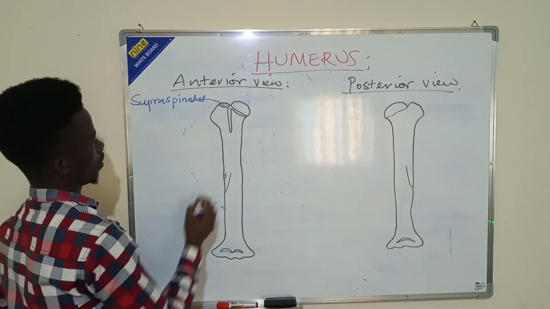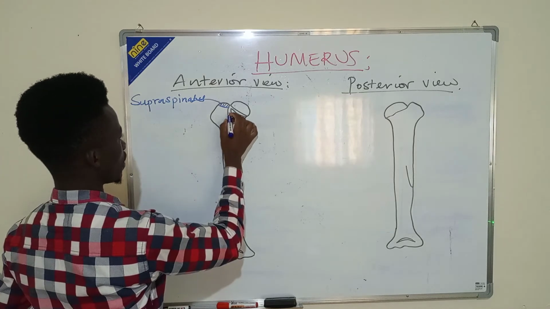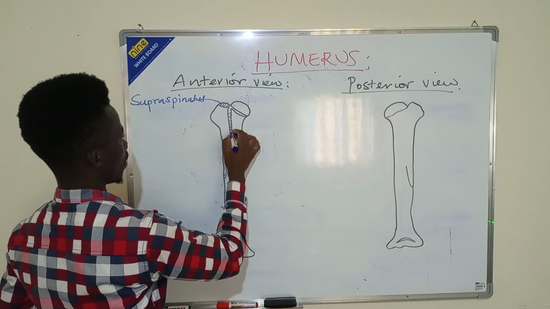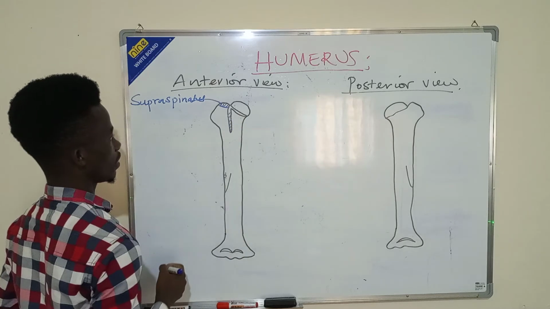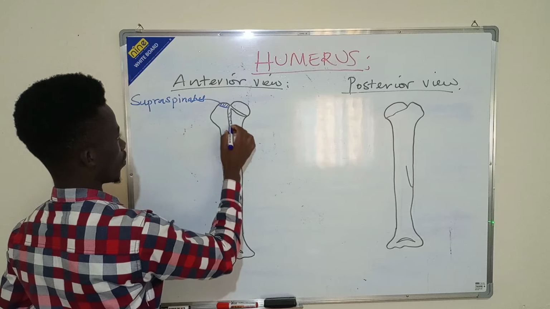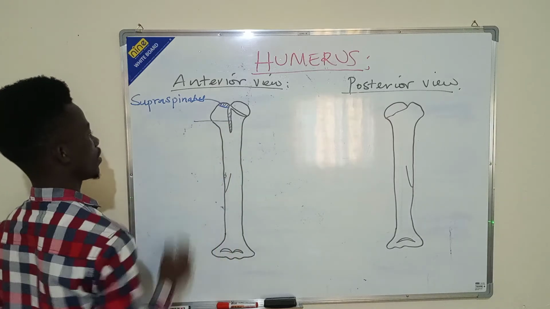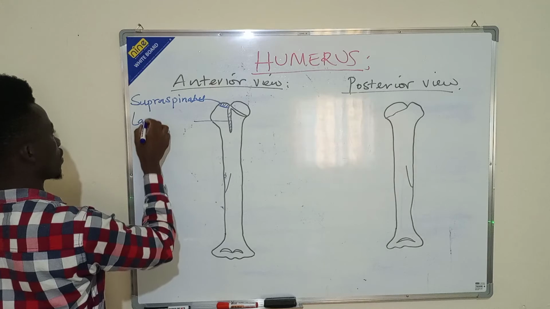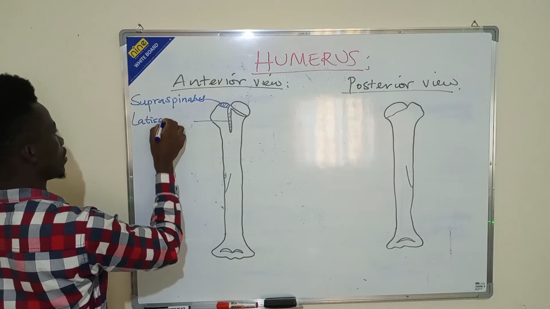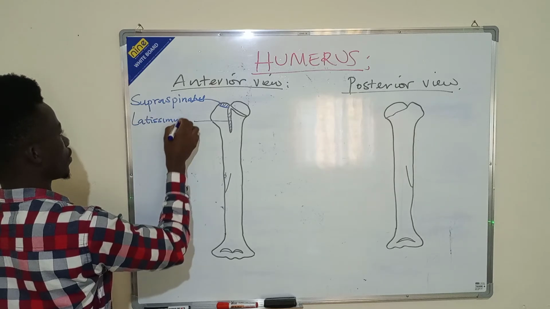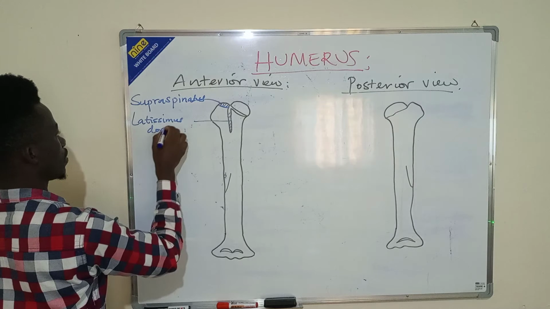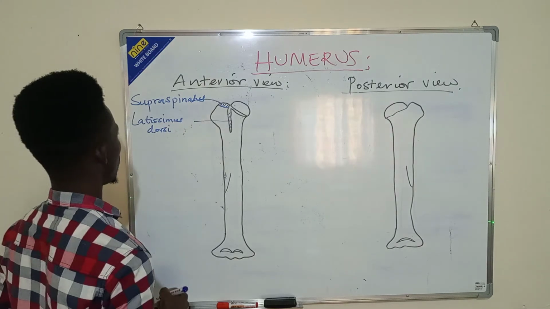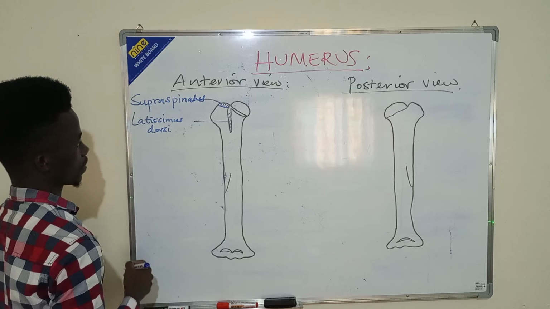Then, around the floor of the intertubercular groove, we have another muscle known as the latissimus dorsi. It inserts there. So we have latissimus dorsi, insertion, floor of that intertubercular sulcus.